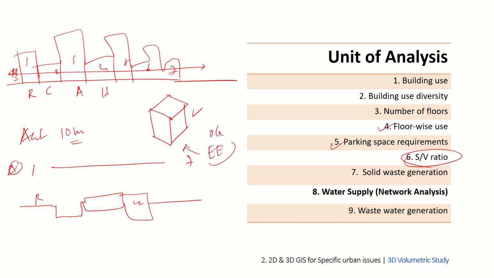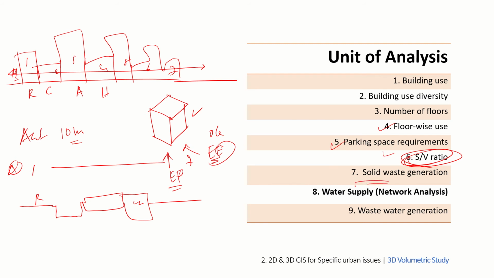I won't say energy efficient, slightly better performing than conventional building. So we use a thumb rule called surface to volume ratio. And we have some thumb rules. If your surface to volume ratio is closer to 1, it is better. If it is away, it is not better. So this kind of assessment can be done.